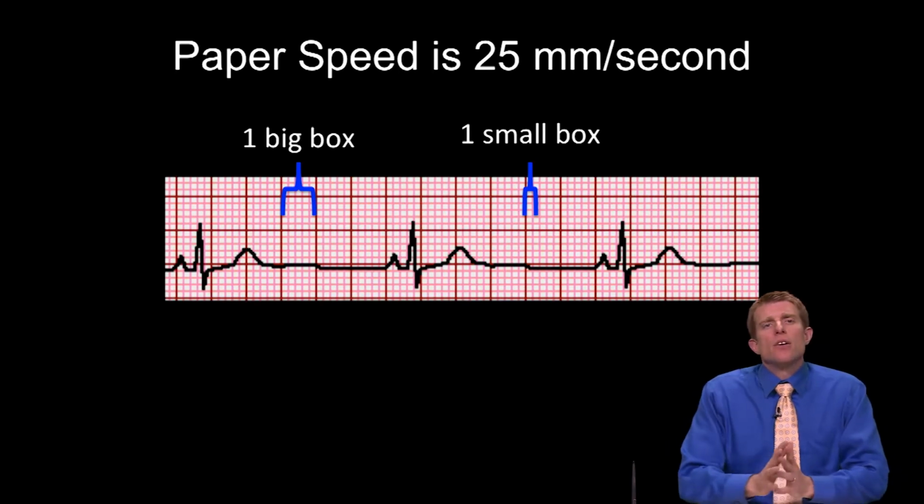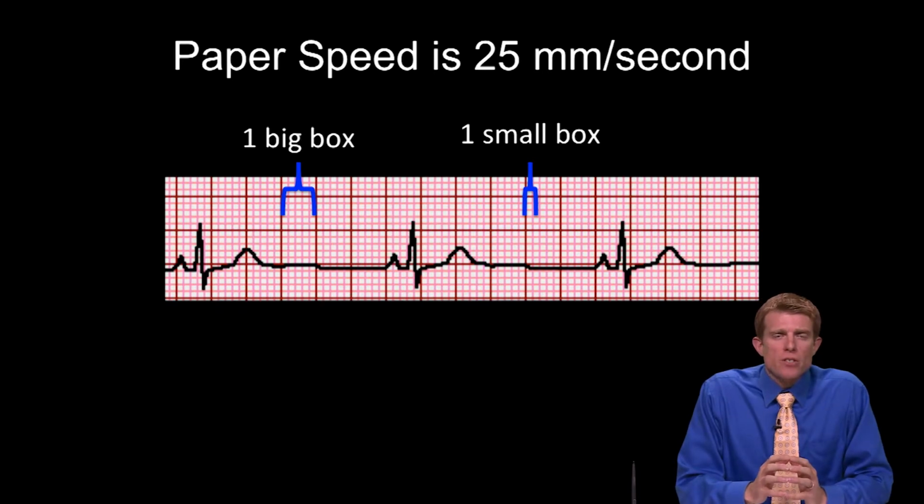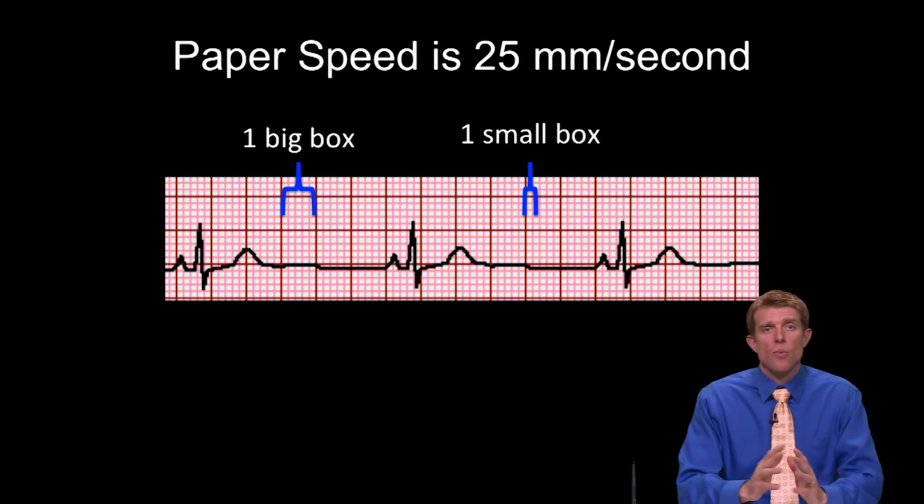The best way to start, we're going to talk both about ECGs and rhythm strips. In both cases, we typically use a paper speed of 25 millimeters per second. So it's important to know what your paper speed is when determining the rate.